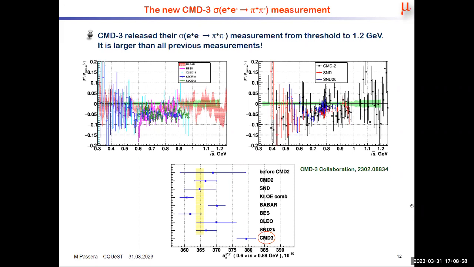This is the CMD3 value, integrated to get that contribution to the muon g-2. And you see, this is the error bar. It's not much more precise. Look at the KLOE combination here. Yeah, exactly. But in the upper plots, the green band is really narrow, right? And the rest is all over the place and has error bars. Yes, but this is already the fit, the green one.